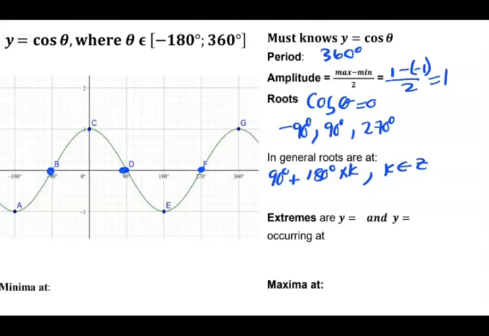If k is 0, then most definitely we will get to point D. If we make k equal to 1, we will get 180 plus 90, which is 270. If we make k equal to -1, we will get back to -90 degrees.